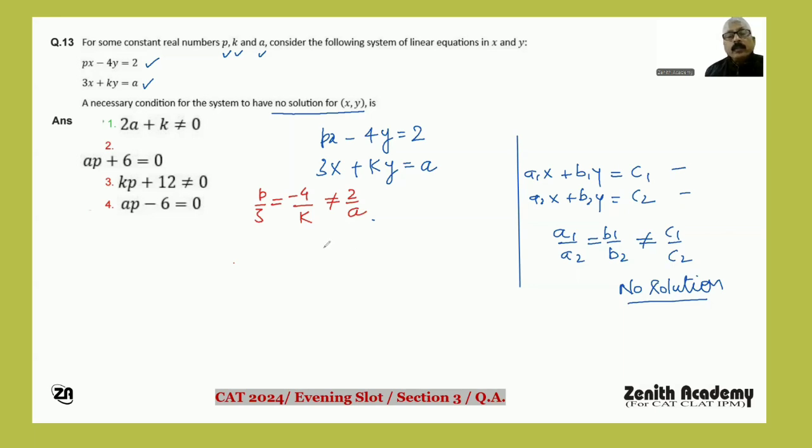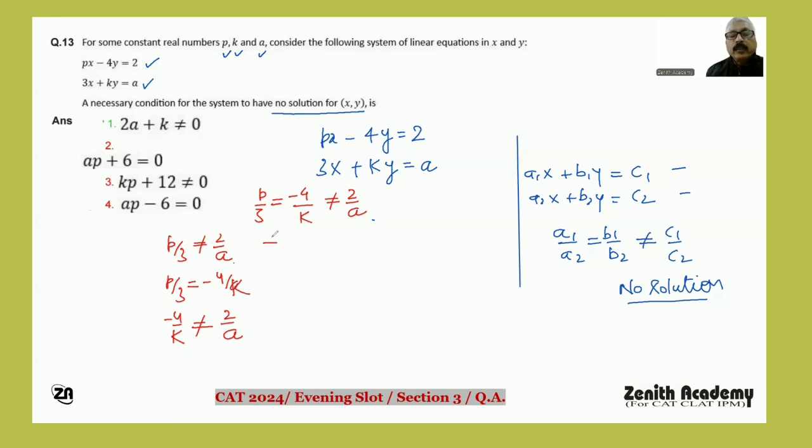So there are three relations, right? One, take p by 3 is not equal to 2 by a. And when you take p by 3 is equal to minus 4 by k. And another, you can take minus 4 by k is not equal to 2 by a.